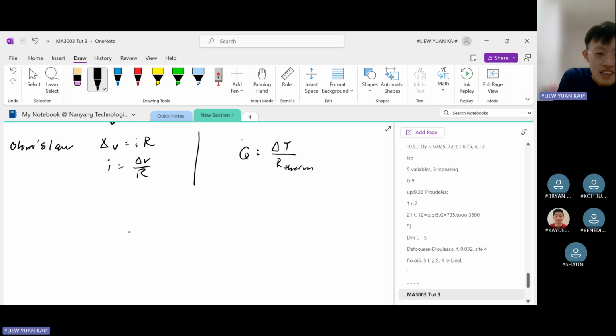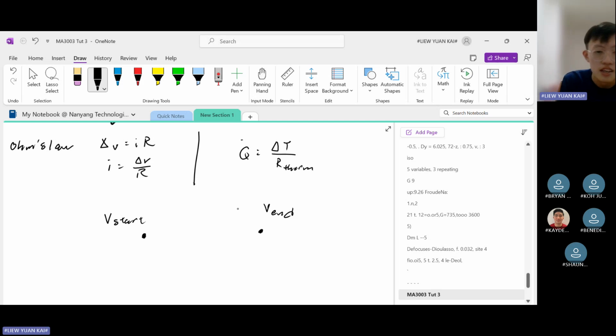Anyways, let's say for example I have a voltage here, I'll call it V start, and then here will be Vn. What do I mean by this?